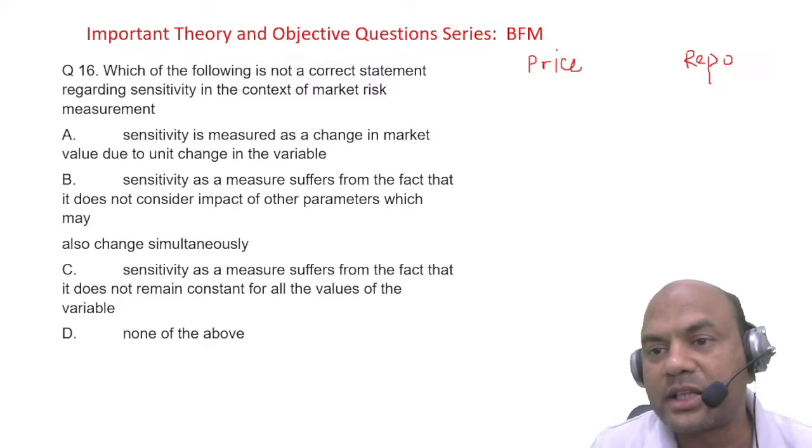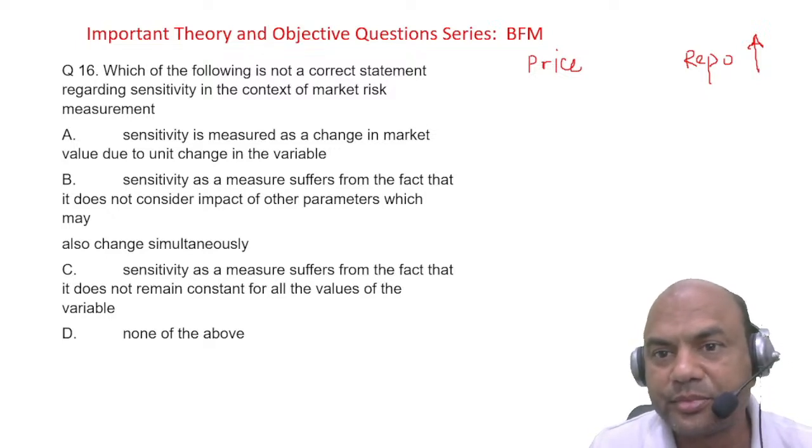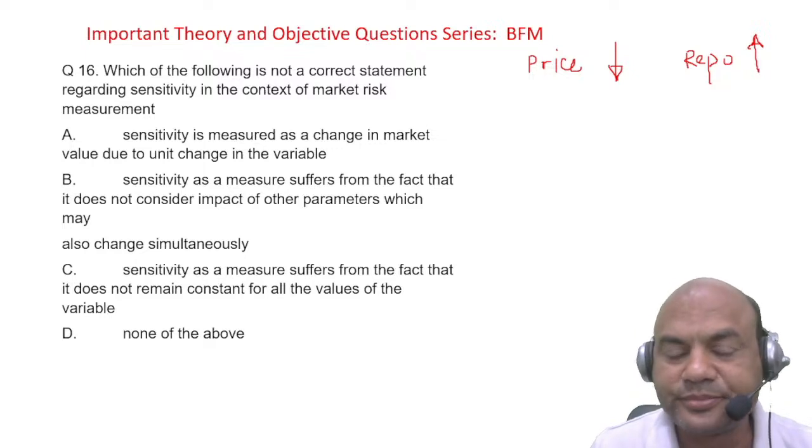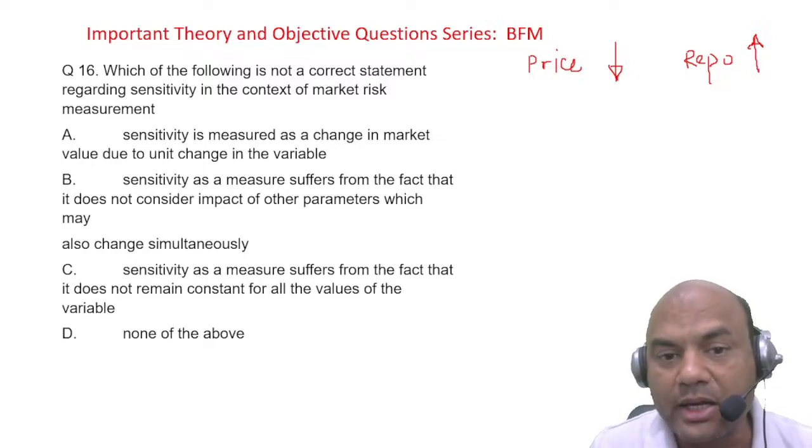Suppose the repo rate goes up, then what happens to the price of the bond? In the comment section, type fast. If repo rate goes up, what happens to the price of the bond? Up or down? It generally goes down. It's in reverse proportion. Always remember, change in the market value means price, based on the change in the value of the variable, which means repo rate.